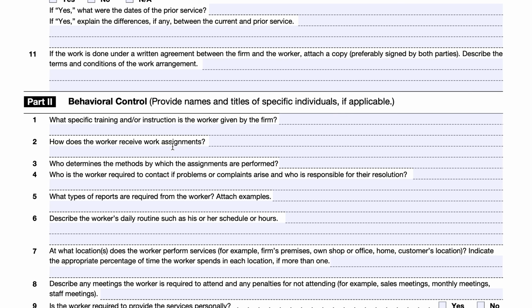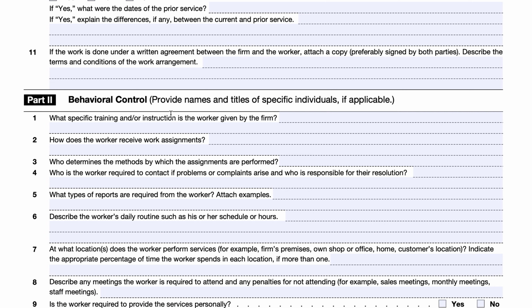who determines how the assignments are performed, does the firm require reports from the worker? So attach examples of reports. What are you required to submit, or what do you expect the worker to submit as an accountability measure?